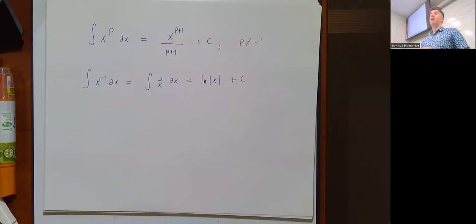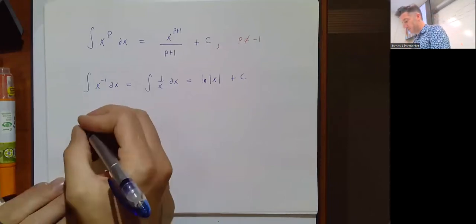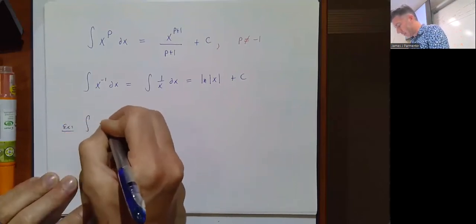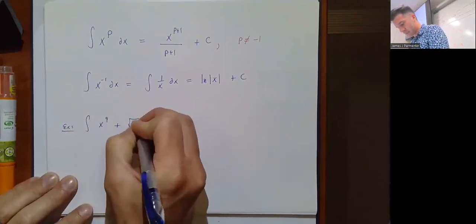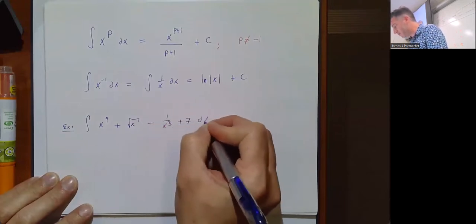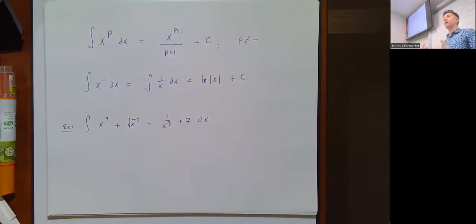So now you know how to anti-differentiate any power of x. You just add 1 to the power, divide by the new power. For example, if we wanted to find the antiderivative of x to the 9th plus the square root of x minus 1 over x cubed plus 7, before I start anti-differentiating willy-nilly, I want to write all these things as x to a power.